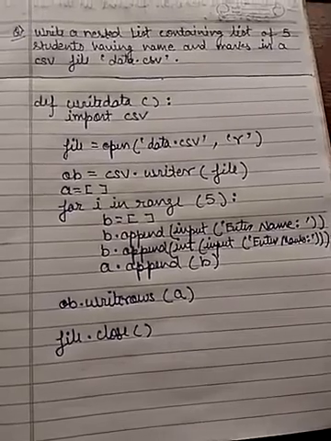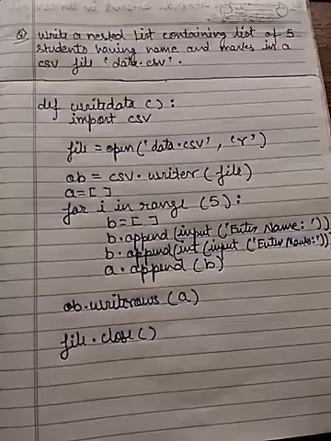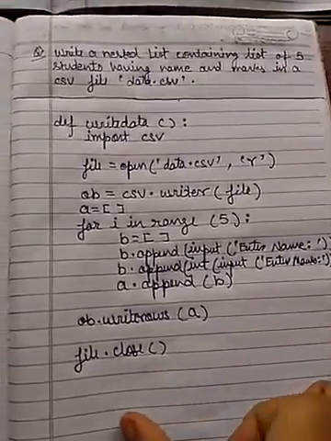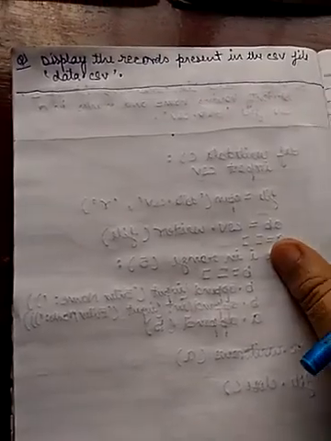Now I want to show how we can display the content of the CSV file. Let us implement this with the help of an example. The question is this: display the records present in the CSV file.